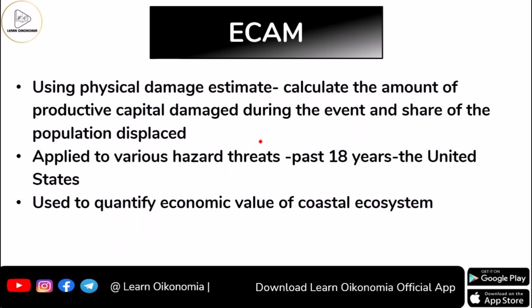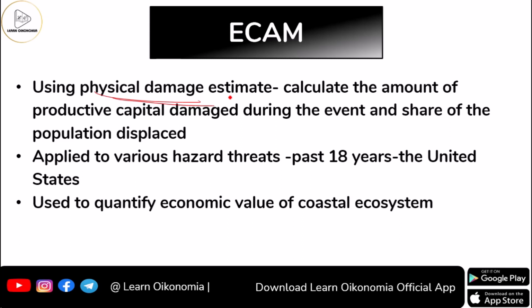Now, when you consider a disaster, it will definitely have a lot of physical damage. You might be losing your house, your property might get damaged, and just calculate the amount of productive capital that has been damaged as a result of the disaster. If you are owning a factory, the factory might be damaged; the physical damage can be taken here.